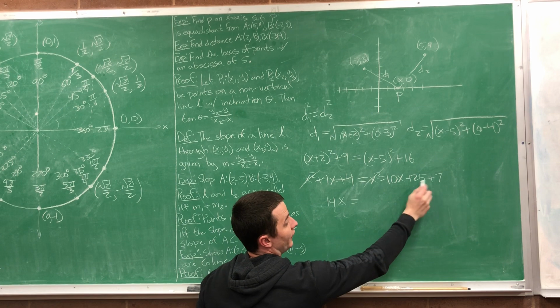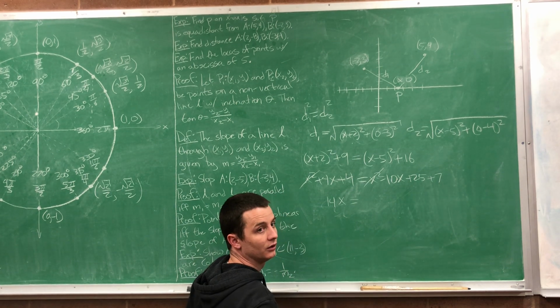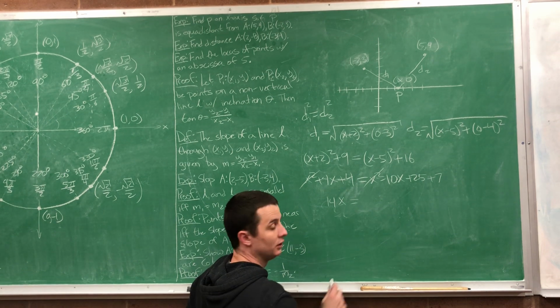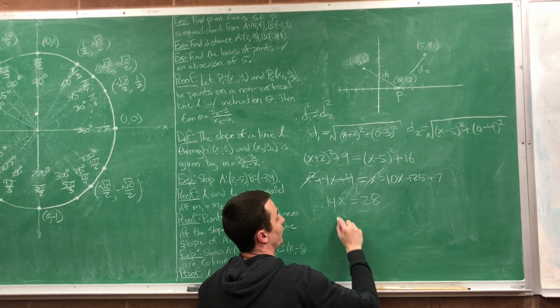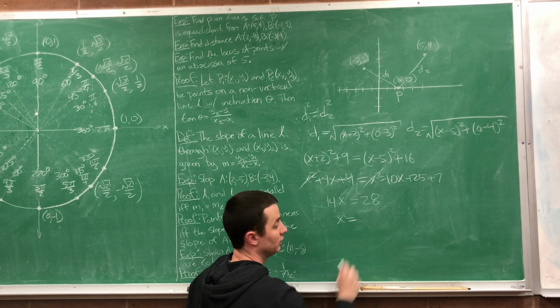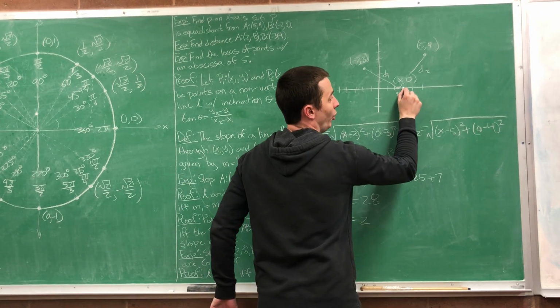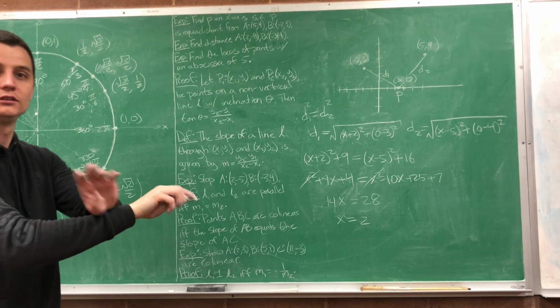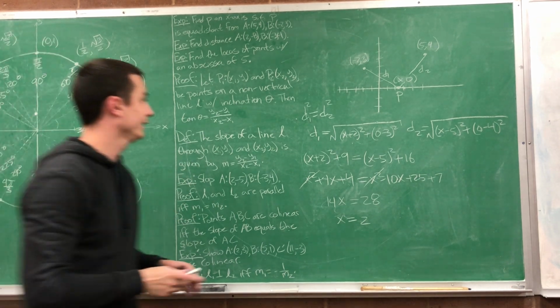So 25 plus 7 is 32. And then minus 4 is 28. Or in other words, x is equal to 2. So this point is a point equidistant from those 2 points. Pretty cool that we can figure that out, right?